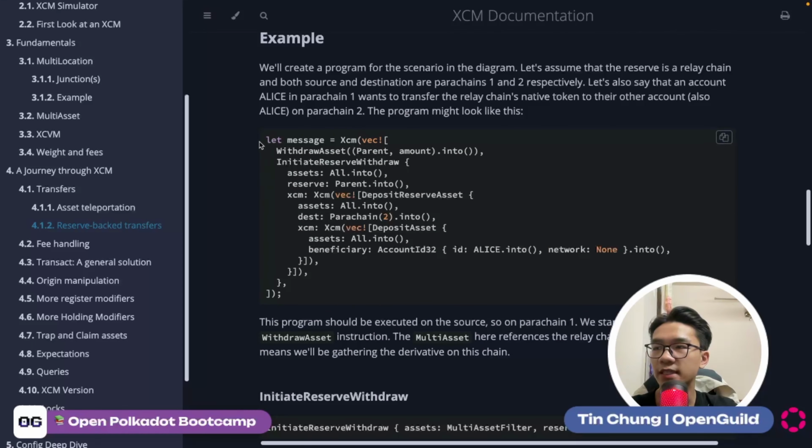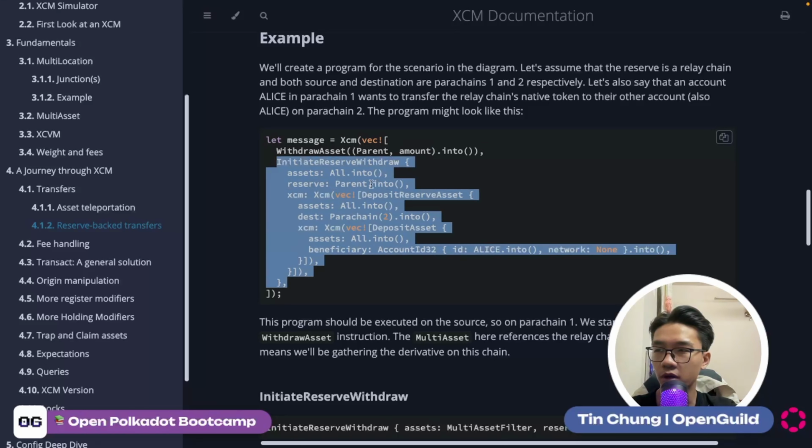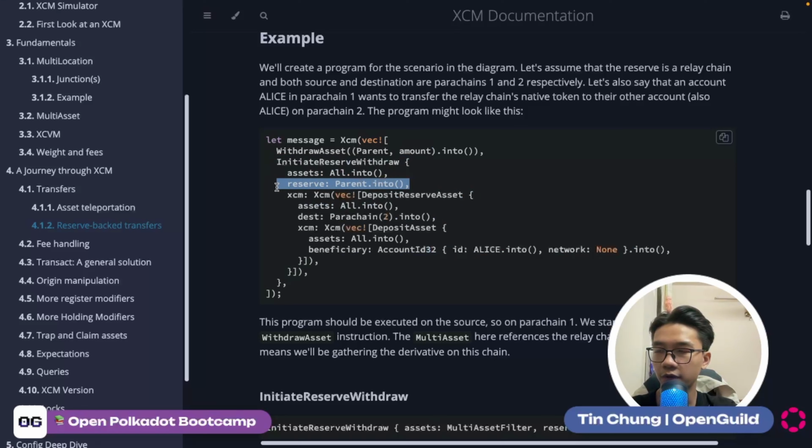And here we have an example of the reserve transfer. You have the first message, withdraw asset. So you withdraw the amount from the parent blockchain, and then you initiate the reserve withdrawal. The reserve is now going to be the parent, which could be the relay chain.